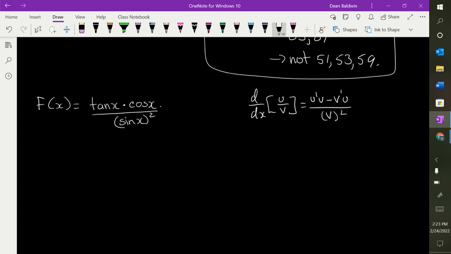That's quotient rule. So what you want to do when you get a question like this is define something as u and v. So I'm going to call the top u, and my bottom is v.